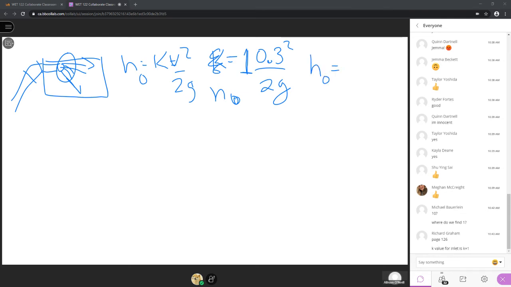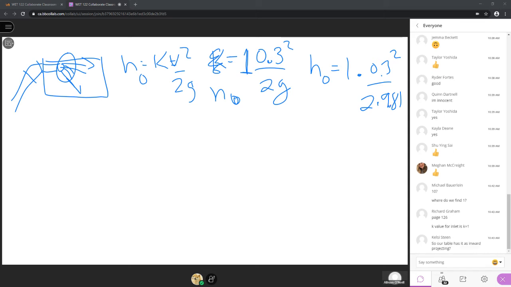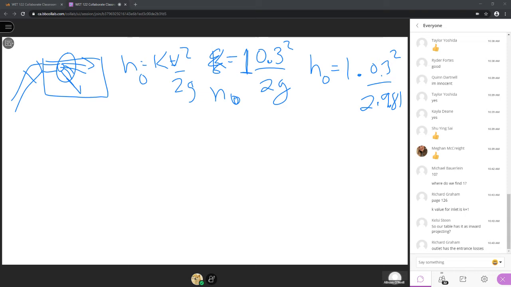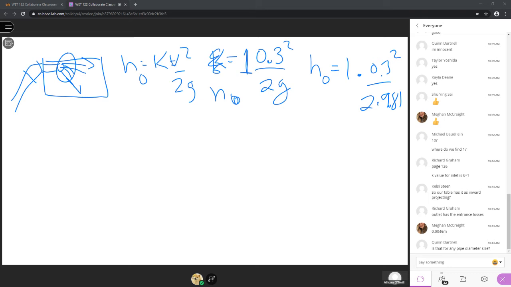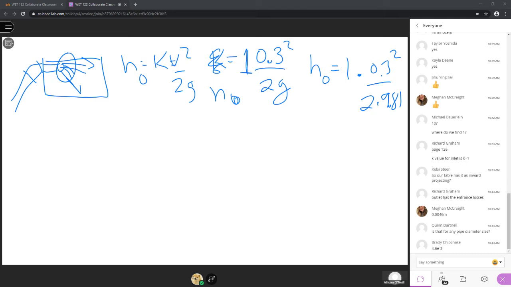My head losses for my outlet, K is equal to 1 times 0.3 squared over 2 times 9.81. Yes, and Richard, this is for any pipe of any size diameter.